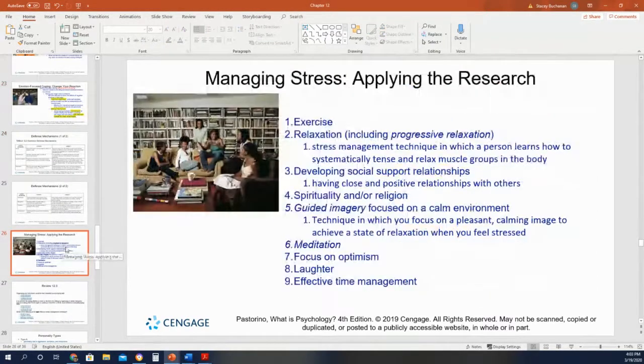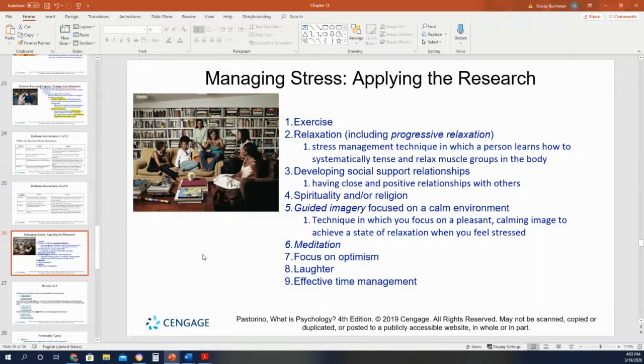So finishing up with section 3, let's go over how you manage stress. I won't spend a lot of time because these all sound pretty familiar, I'm sure. So exercise, a way to manage stress. Relaxation.